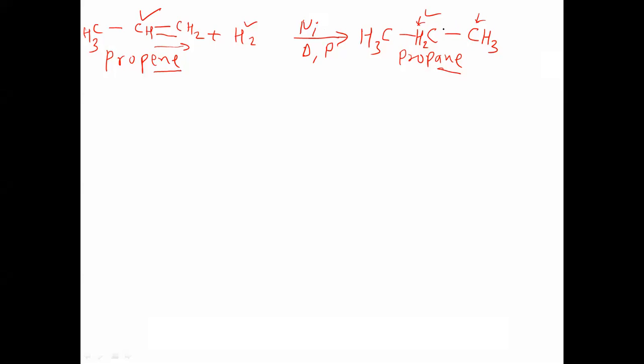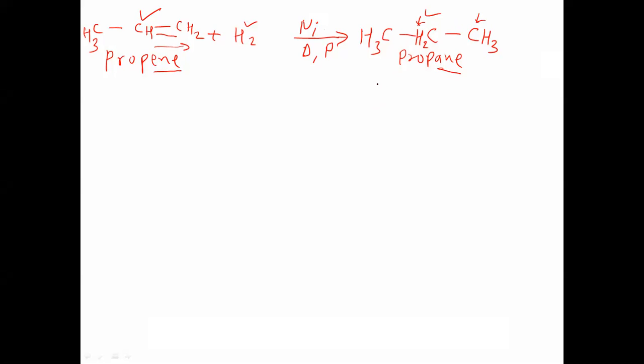Now we are interested in what? Calculation of atom economy. Okay. Now if you look at the reaction, without even calculation you can judge atom economy. Okay. Just listen carefully to what I'm saying. By looking at the reaction, okay, this is a balanced reaction.